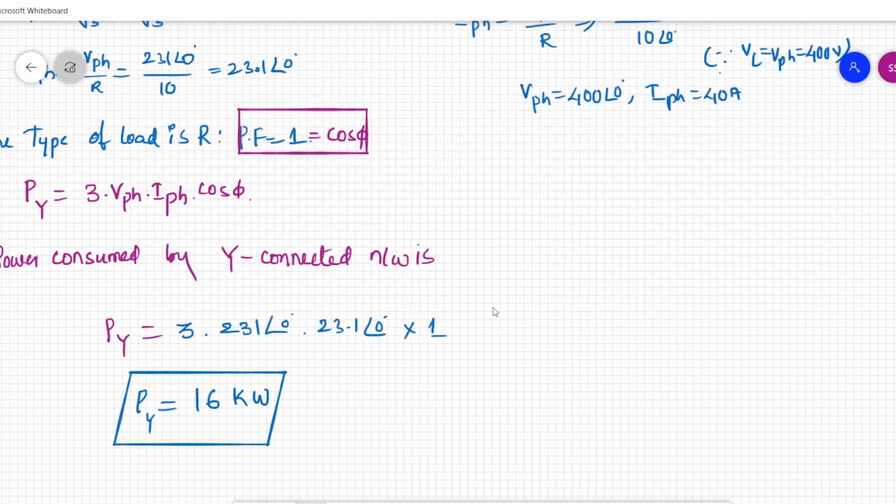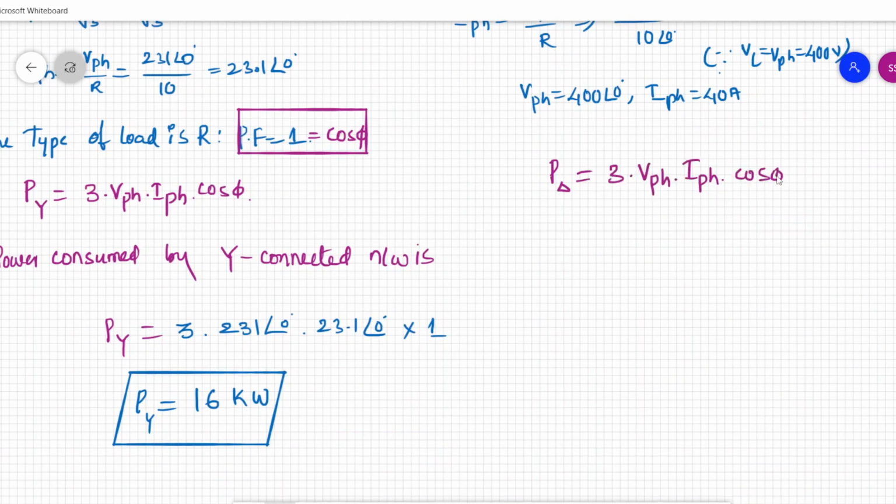So the power consumed in delta will be 3 into V phase into I phase into cos phi. What is the value of cos phi here? Cos phi is 1 because of the resistive load. Now let us find the power consumed in the delta connected network.